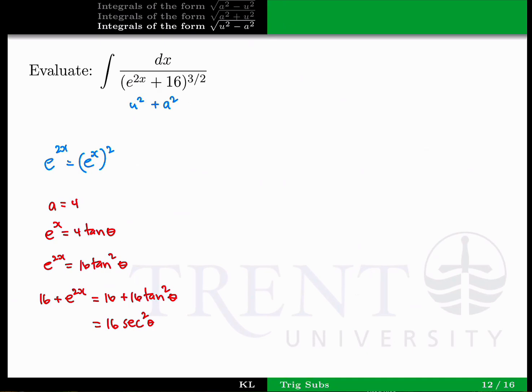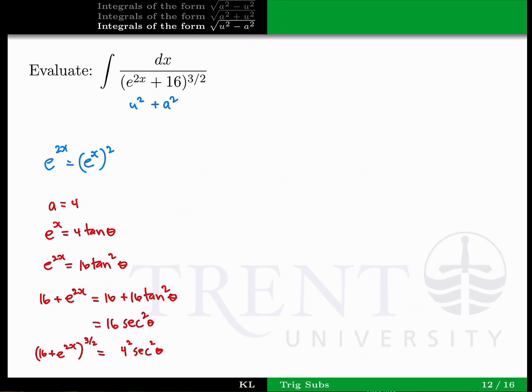If you raise this to 3 halves, what will we get? We will have 16 plus e to the 2x raised to 3 halves. Take note that 16 is equal to 4 squared. Let me write that 16 as 4 squared.